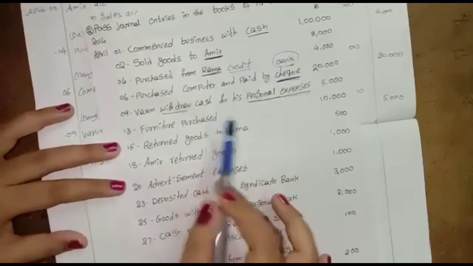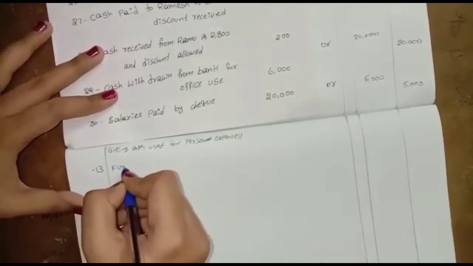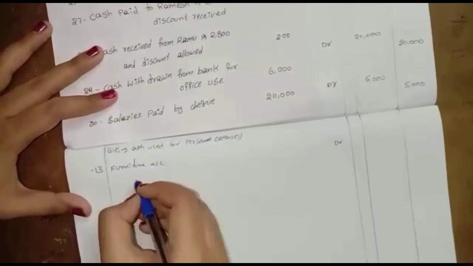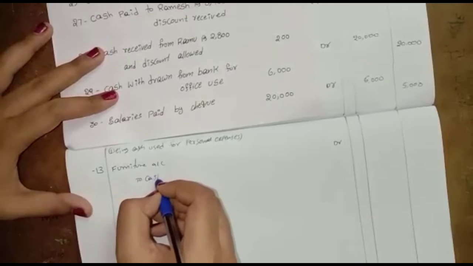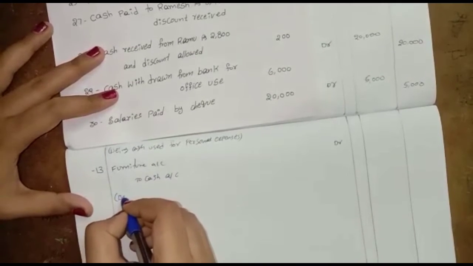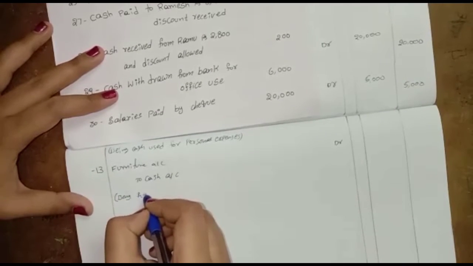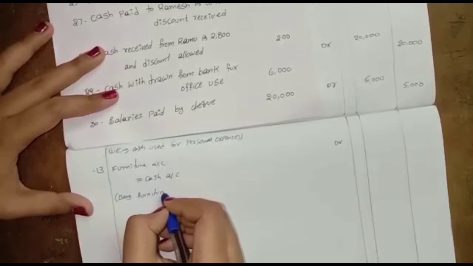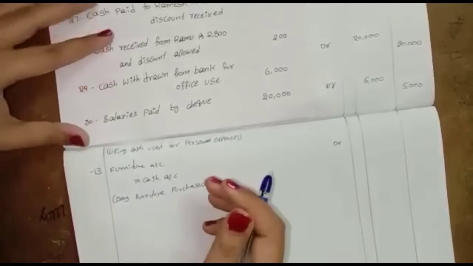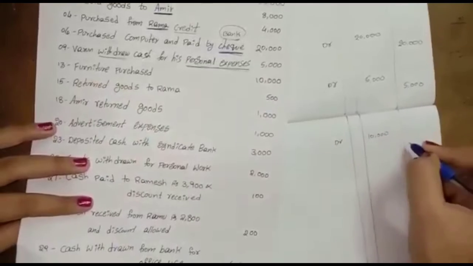So we have to write it as furniture account, debtor to cash account. The narration is being furniture purchased. The amount is 10,000.